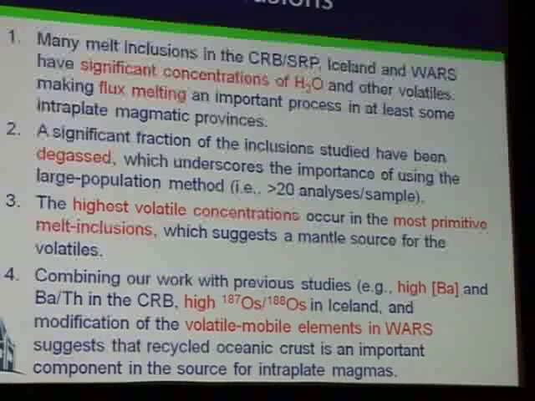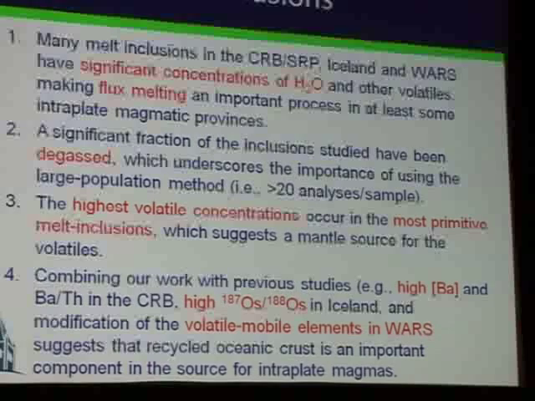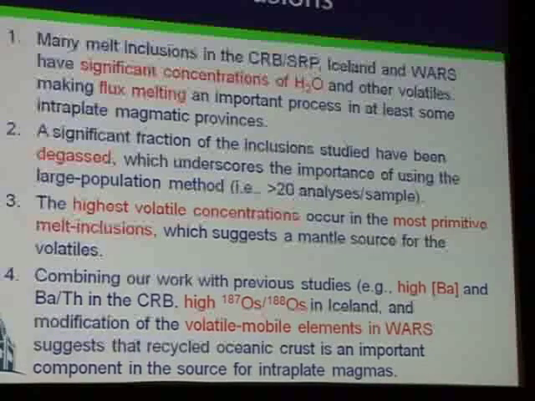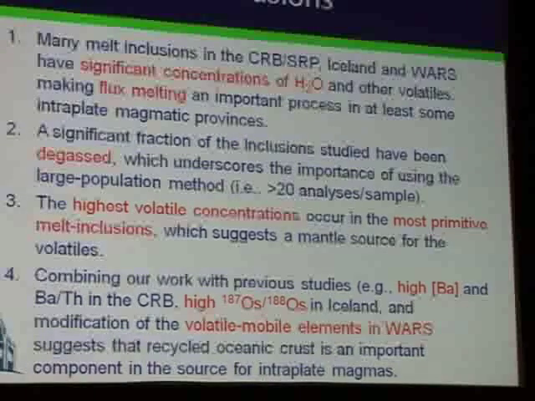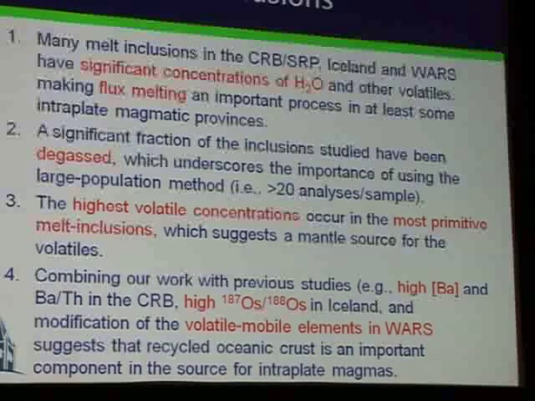The one point I didn't get a chance to make is that the highest volatile concentrations occur in our most primitive melt inclusions. Again, emphasizing the point that this has to be a mantle property rather than concentration of water due to fractional crystallization processes.